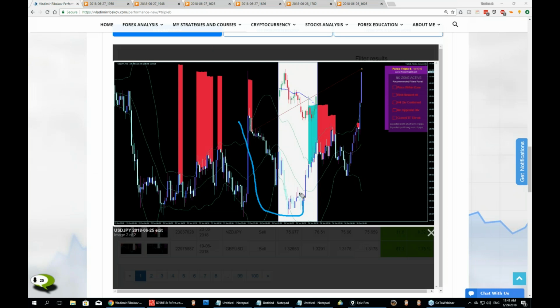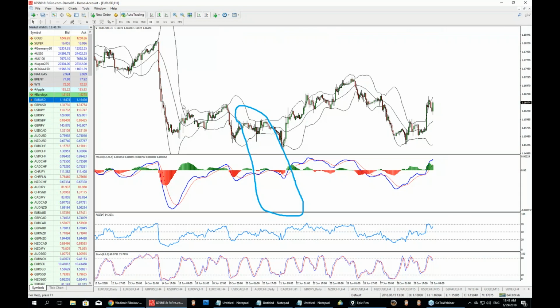It did push lower, so short term would have given you some pips, but in that case we're looking for the longer term targets.